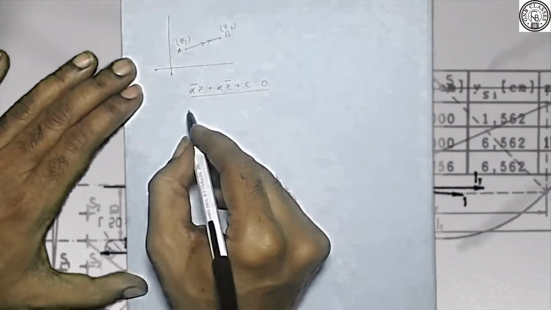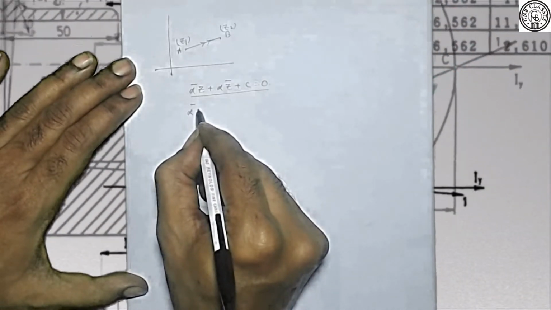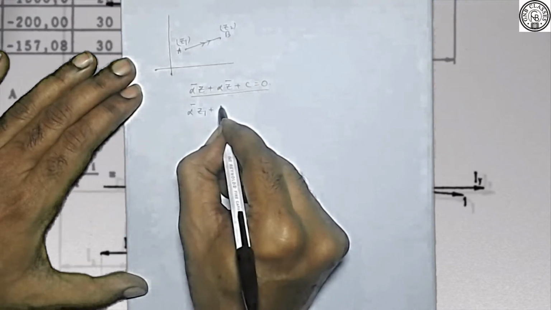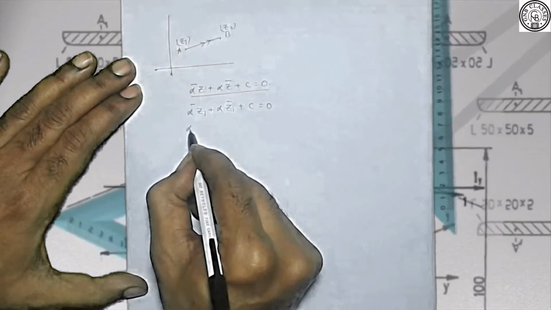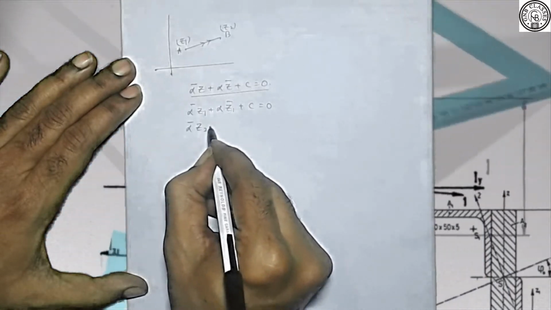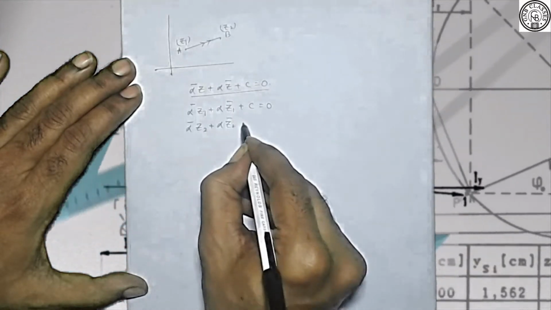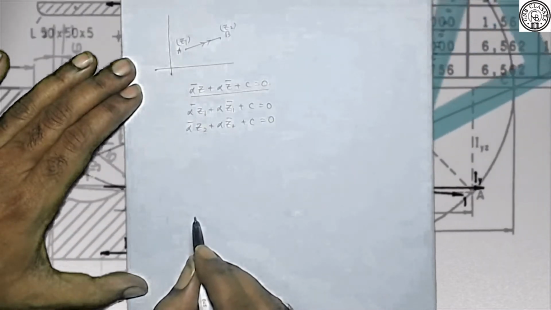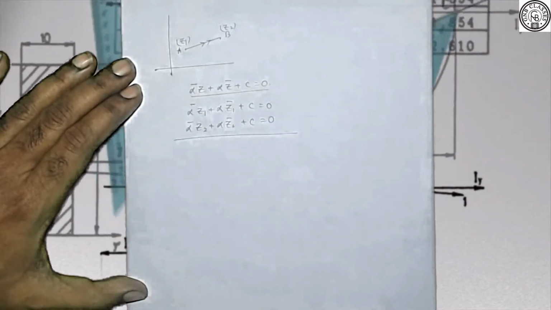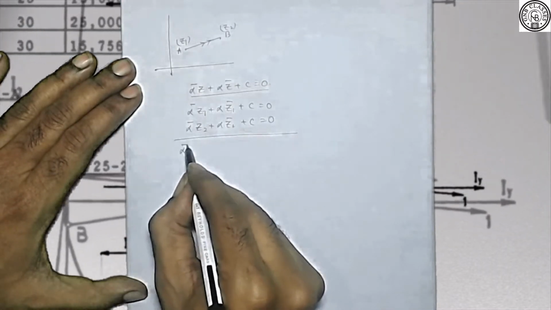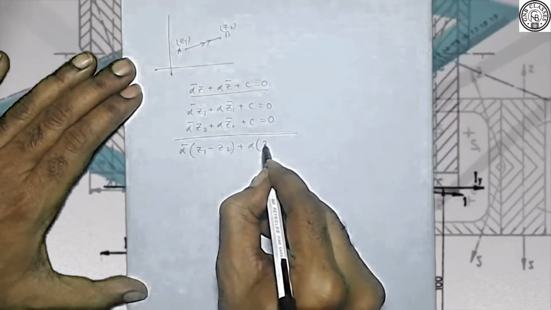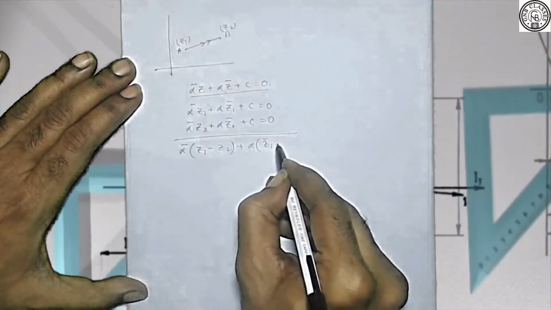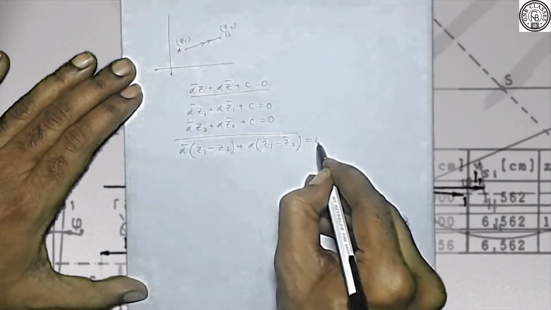Therefore we can write alpha bar z1 plus alpha z1 bar plus c is 0, as well as alpha bar z2 plus alpha z2 bar plus c equals 0. Am I correct? Now if I subtract these 2 equations, what are we going to have? Alpha bar (z1 minus z2) plus alpha (z1 bar minus z2 bar) equals 0.